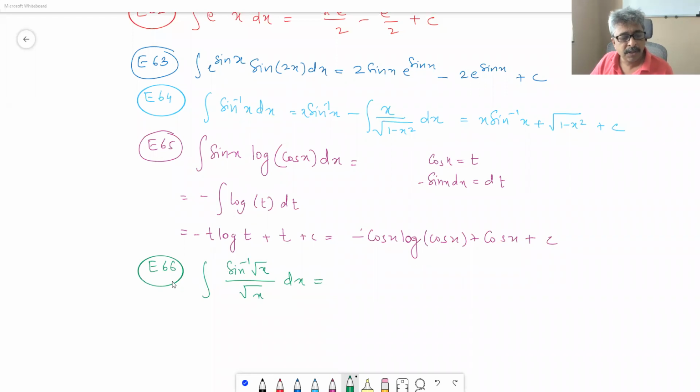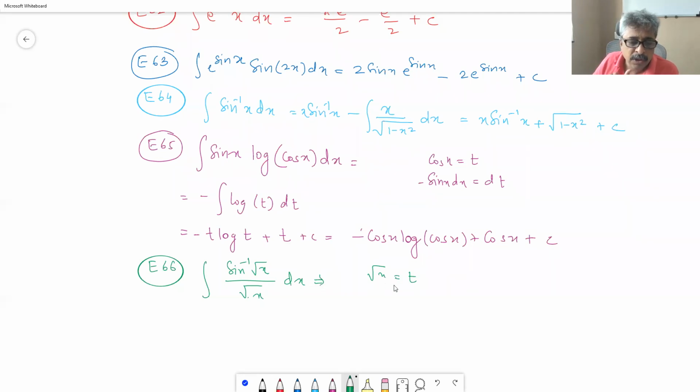Next problem is integral sine inverse root x upon root x dx. Okay, for this the substitution is root x is equal to t.